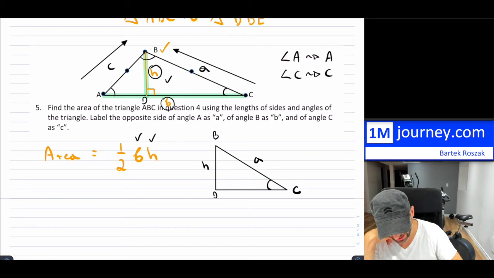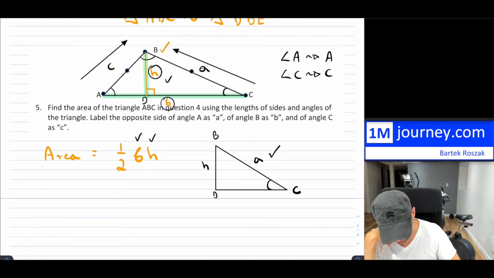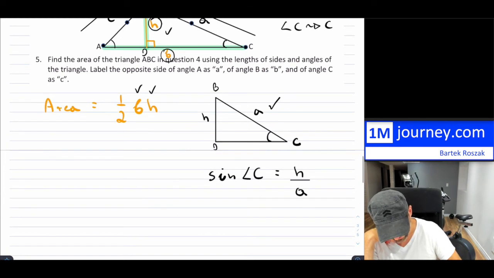Now notice this is A, and then I know that this is the angle C. So what do I know about that angle? Well, A is my hypotenuse in this case of that right-angled triangle. So I know that the sine of the angle C is equal to, by definition, opposite, which is H, which is the height, divided by A. Okay, so get rid of this A, multiply by both sides, I'm going to get H is equal to A times sine of the angle C. Okay, I'll just write it like this.